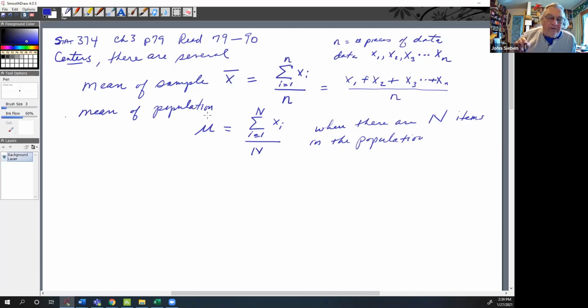That's a set, and it's a well-defined set, but I can't run around and contact all of them in any reasonable kind of time, at any reasonable kind of cost. And so I would be estimating mu rather than computing mu. Usually, it would be possible that we'd have a population that would be very small, and then I could compute mu. Usually what we're going to be doing is using the statistic x bar to estimate the parameter mu.